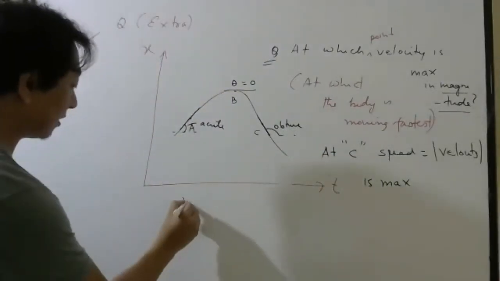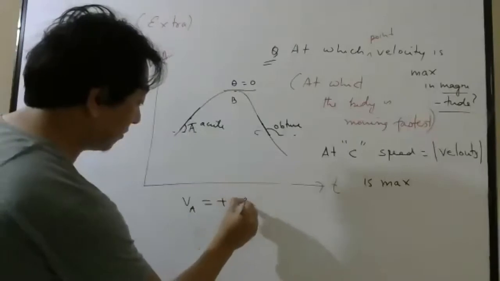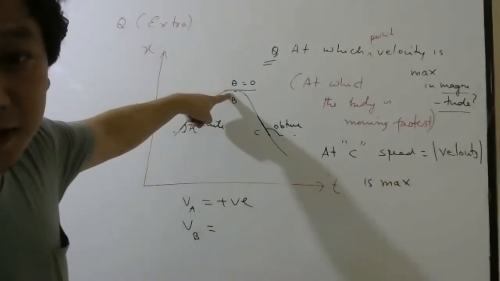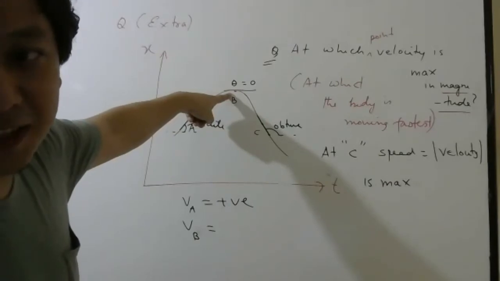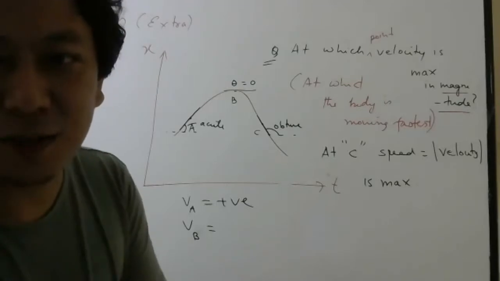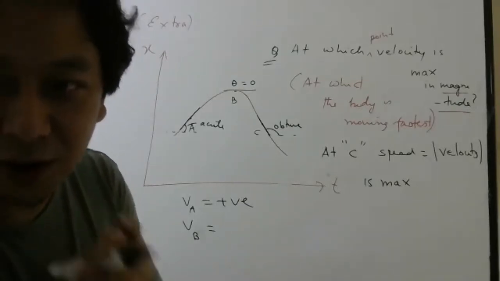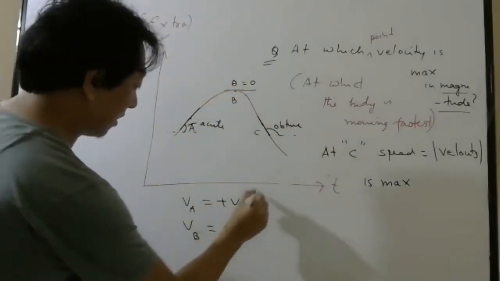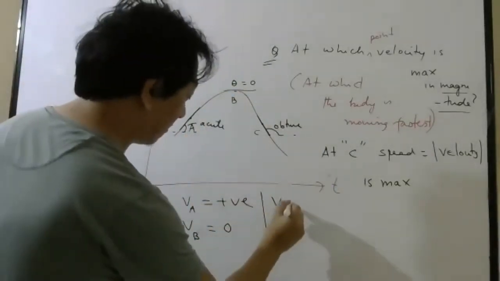So it is very clear that velocity at A is positive. What is the velocity at B? Tan 0. Tan theta is the slope. How many times will I tell you, students? Tan theta gives you the slope, and slope is velocity for the x-t graph. So velocity here is 0 and velocity here is negative.